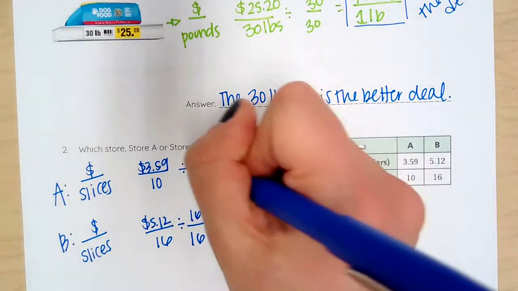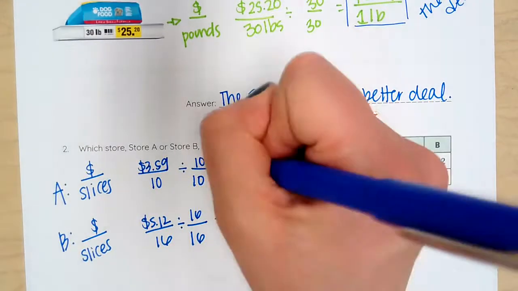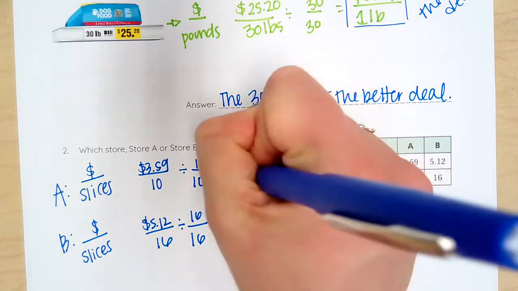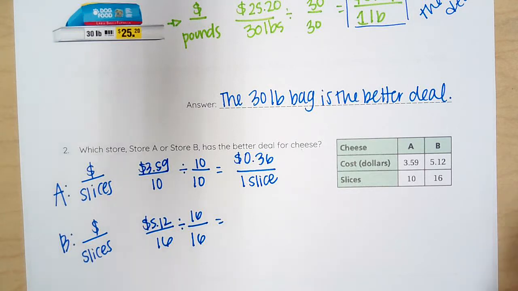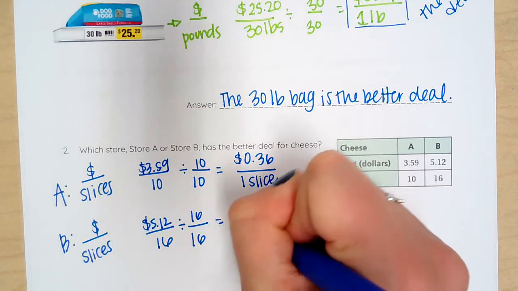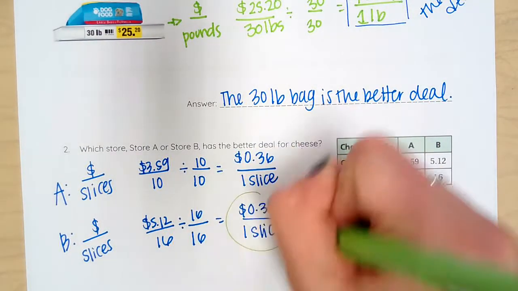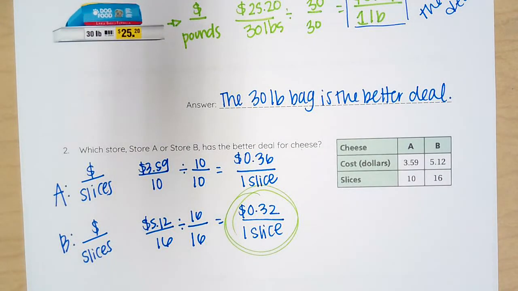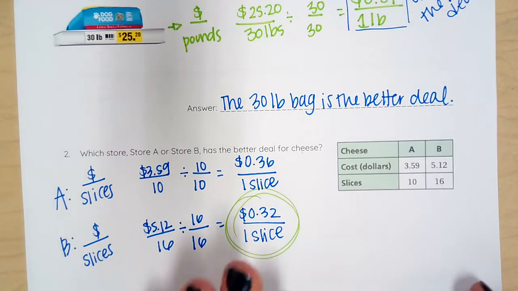All right, I need you to tell me, what is my unit rate for option A? 36 cents for one slice. And what is my unit rate for option B? 32 cents for one slice. Which is the better deal? This one, option B, store B, will save you 4 cents. So this is for money.